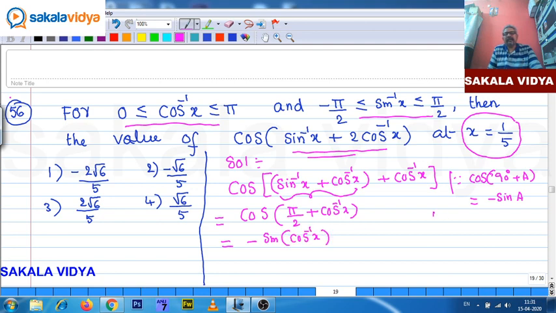Again this cos inverse x, we can write pi by 2 minus sine inverse x. Okay. No, this is wrong. Wait, I will check it now. So better you can do like this, no problem.